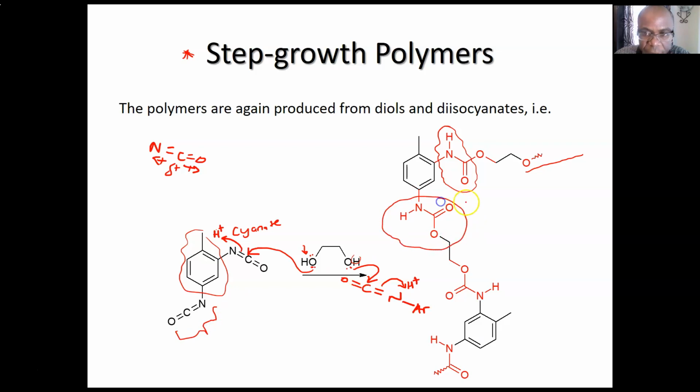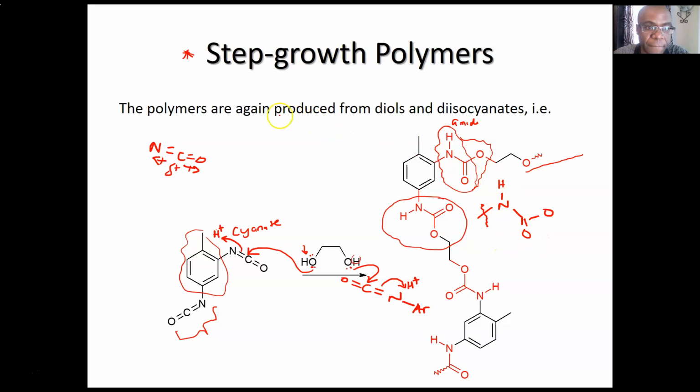You get this group right here. So this looks like an amide, but because you have an oxygen there, it's no longer an amide. It's no longer an amide because of the oxygen.